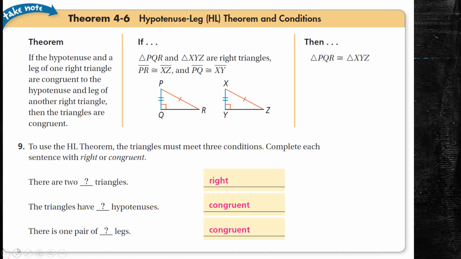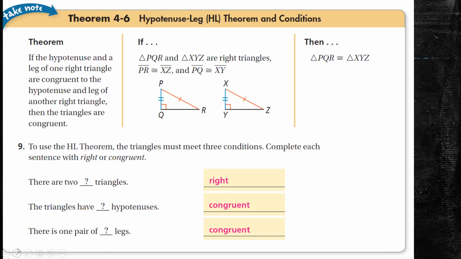So in triangles PQR and XYZ, if they are right triangles and the first hypotenuse PR is congruent with the second hypotenuse XZ, and the leg PQ is congruent with the same leg in the triangle XYZ, I will say now that these 2 triangles are congruent.